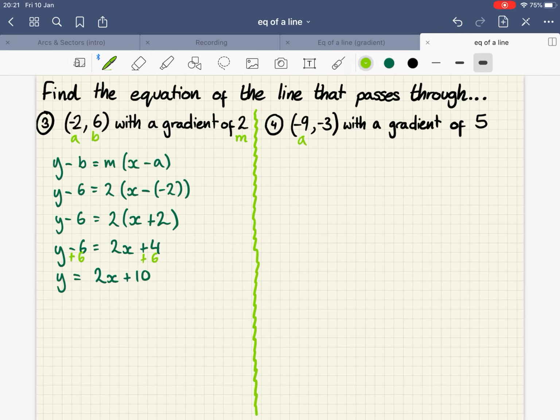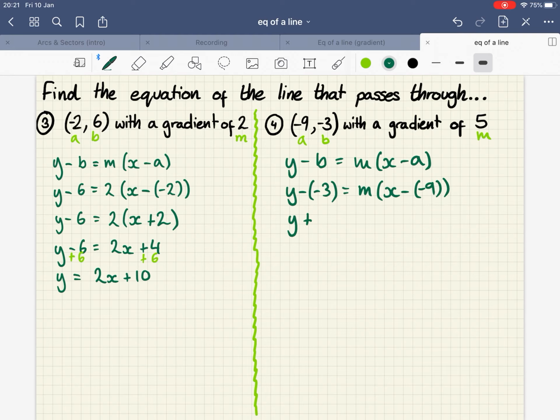So this next one, I've got my a, got my b, that's my m. So I've got y minus b equals m bracket x minus a. So I've got y minus, and again, negative here, so I'm going to put it in brackets, equals m times, and once again, I've got another negative going on. So it's going to be y plus 3 now, equals m bracket x plus 9.